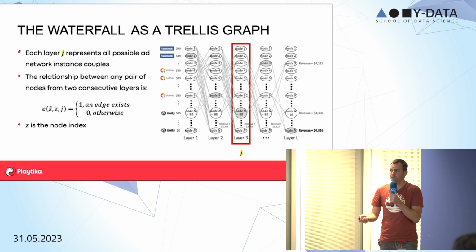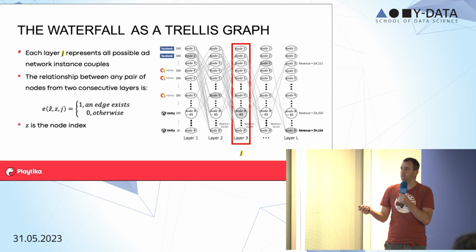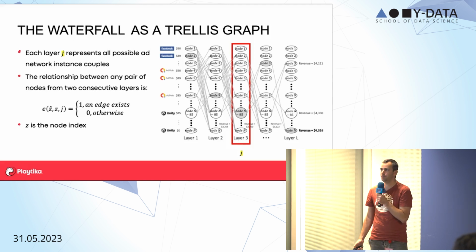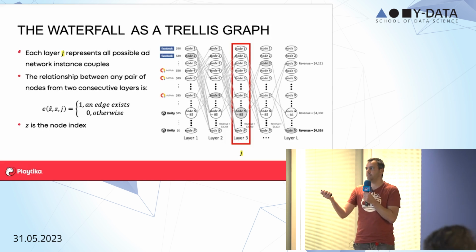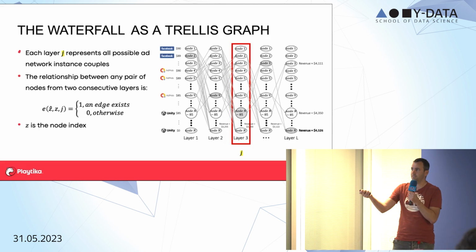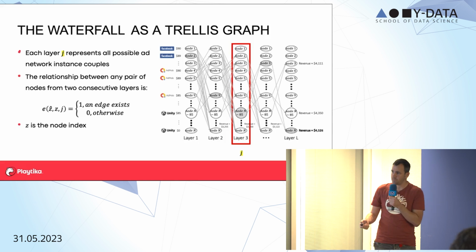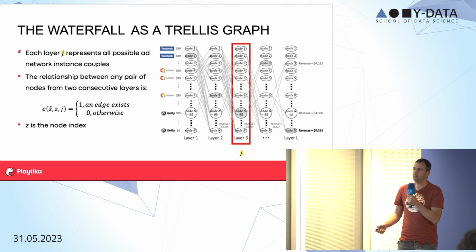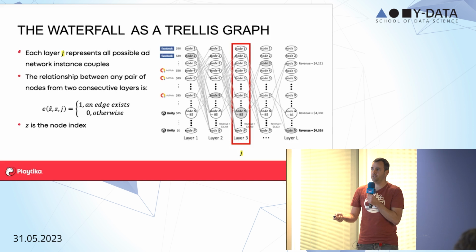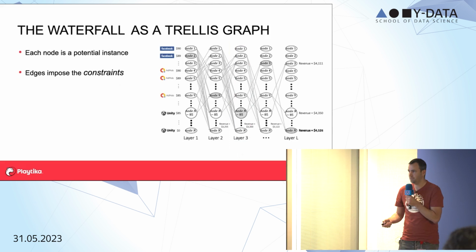And 0 if the path is not valid. We'll talk in a minute about some constraints. For example, I cannot have 2 instances of Facebook for the same price. So this edge here is not feasible, and this is how we represent the edges. As I said, each node is a potential instance in the waterfall, and the edges impose the constraints.